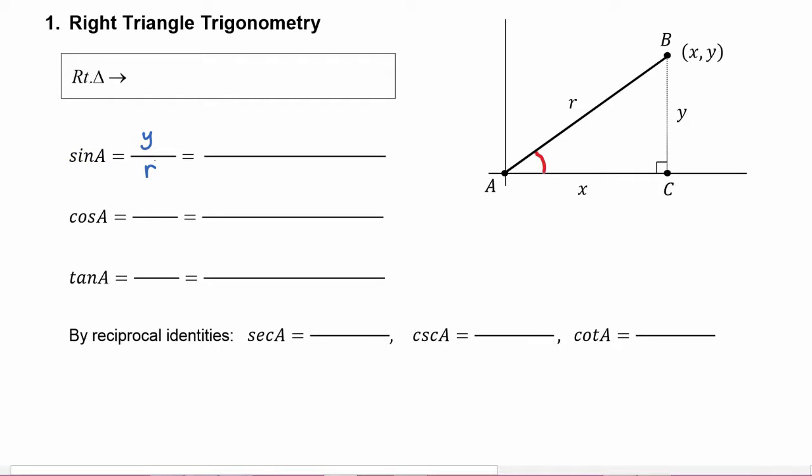Now, if we reference these to the parts of the triangle, we see that y is the leg that is opposite of angle A. So this is the opposite leg. And r is the hypotenuse of the right triangle.